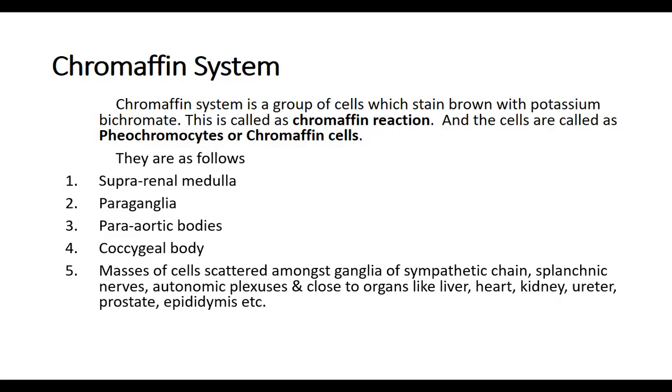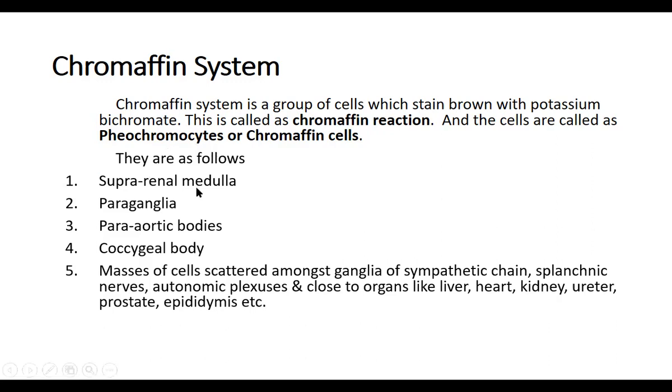So all these cells together are called chromaffin cells, and the system is called the chromaffin system. They are not only called chromaffin cells, they are also called pheochromocytes, because special tumors develop from them. These are named pheochromocytoma and so on, because they come from special cells called chromaffin cells, which are also called pheochromocytes.